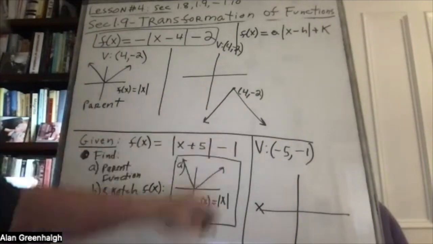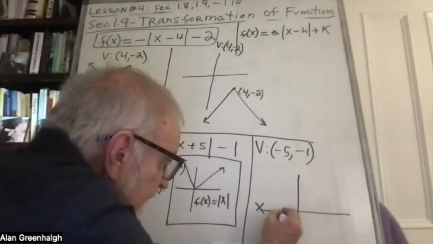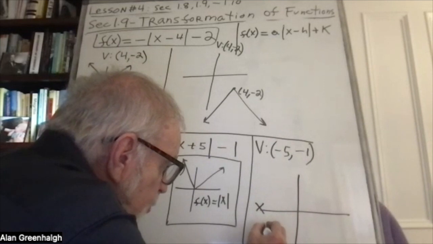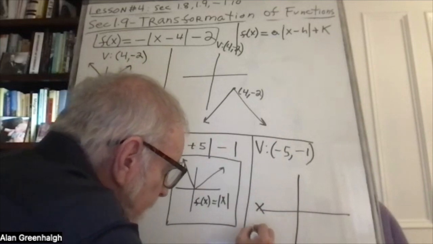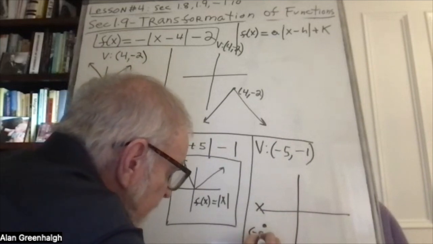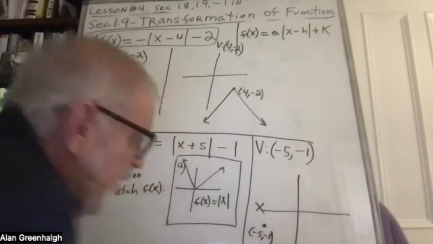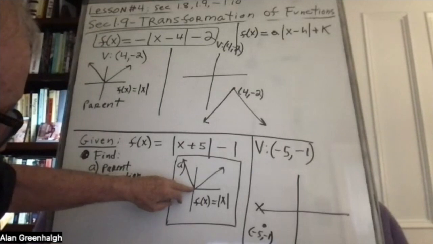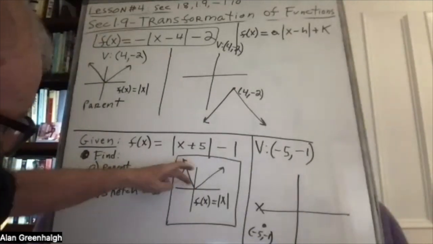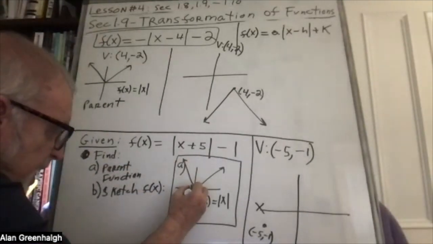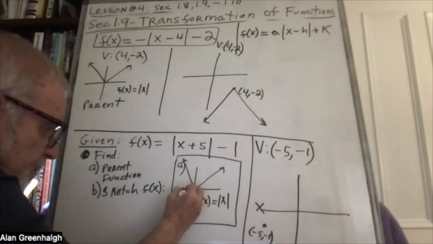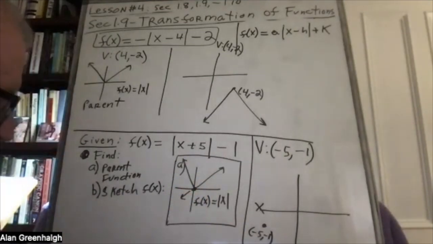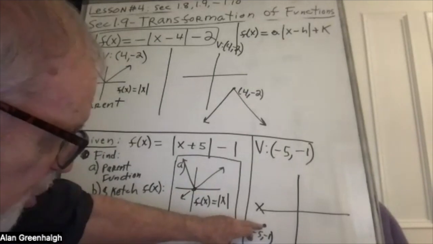And we start by graphing that. -5, -1 would be right over here. And remember, we've taken the parent function and moved this vertex to a different location. And there is the new location.